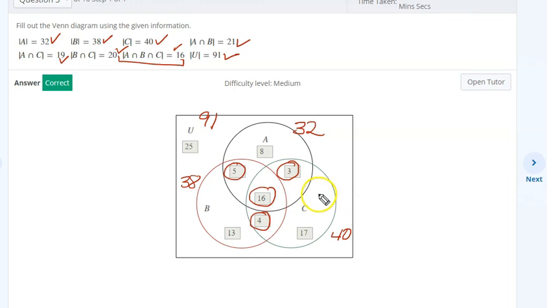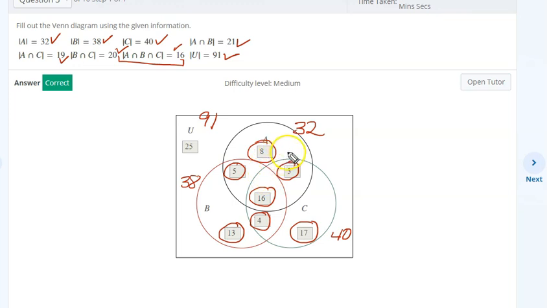So how do we get these other numbers? Well, we're going to add up these 3, subtract it from 40, and that gives us 17. Add up these 3, subtract it from 32, and we get 8. Add up these 3, subtract it from 38, and we're going to get 13.